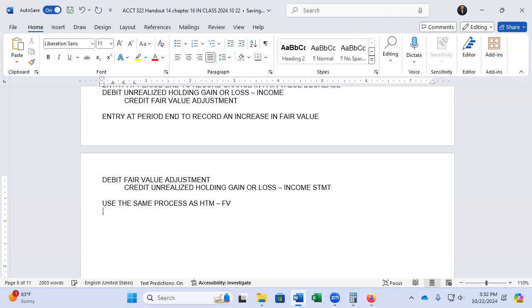And so if the company has multiple securities classified as trading, the gains can offset the losses.